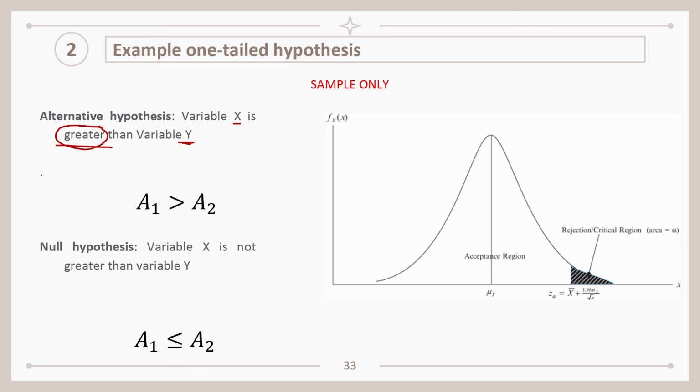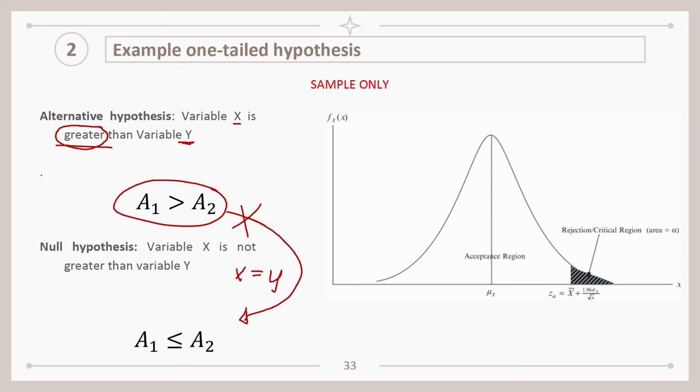And that would not consider the possibility that x and y can be equal. Okay, so again, when you formulate your alternative, your null should be all of the possibilities except for the alternative hypothesis.